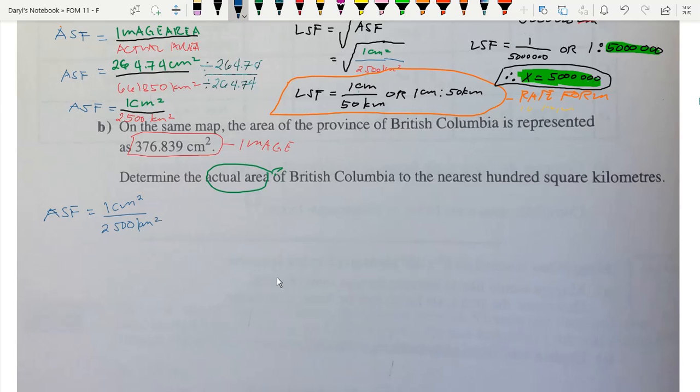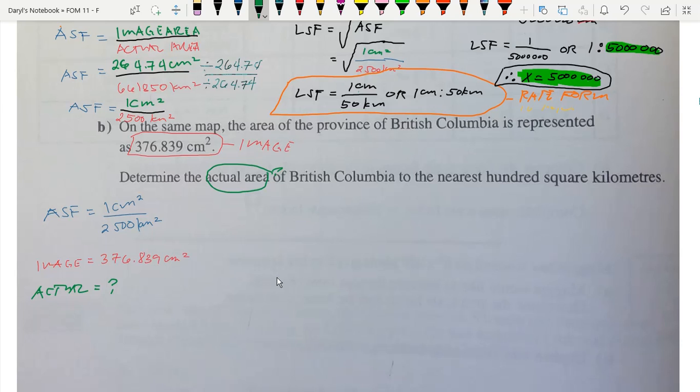And the given image is equivalent to 376.839 cm squared, and the actual is the question mark.